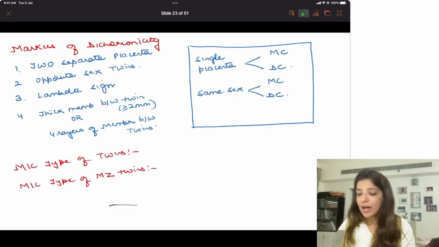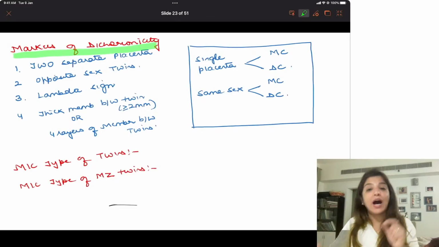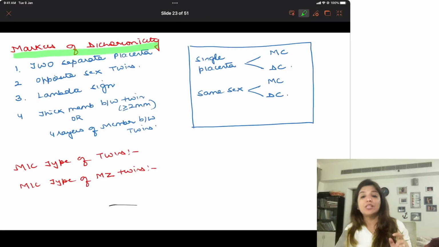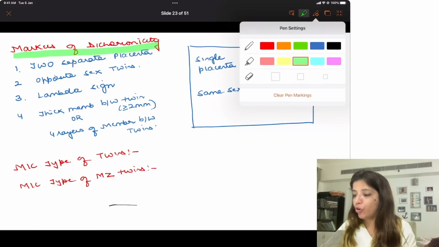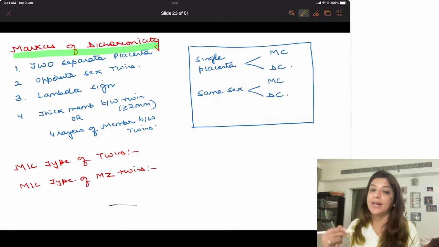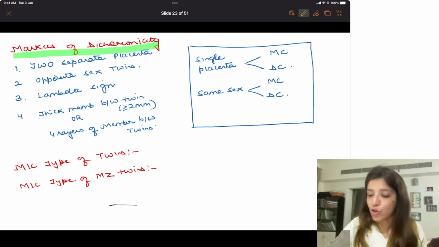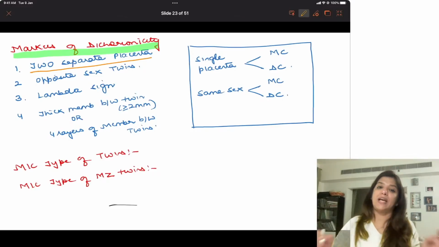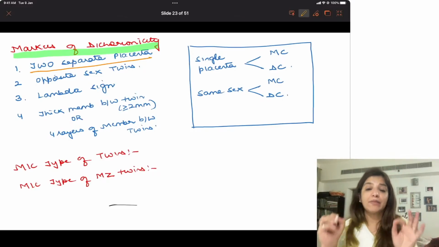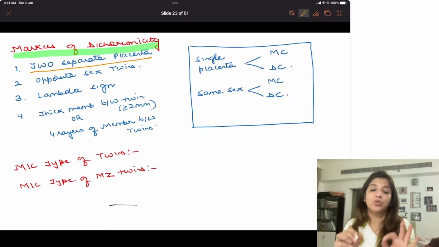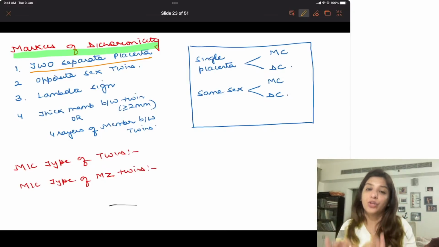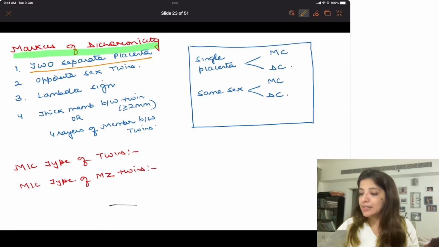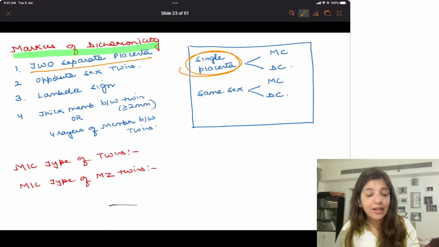Now, what are the markers of dichorionicity on ultrasound? This is very, very important for your NEET as well as for your INI-CET exam. If you are getting two separate placentas, then that means 100% the twins are dichorionic. But please remember, a single placenta may mean monochorionic, it can also mean dichorionic.